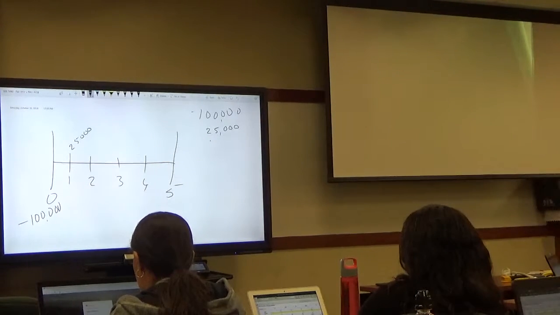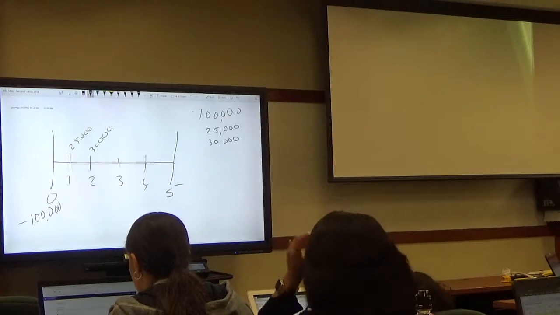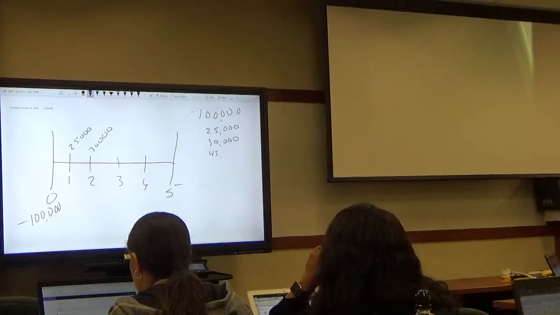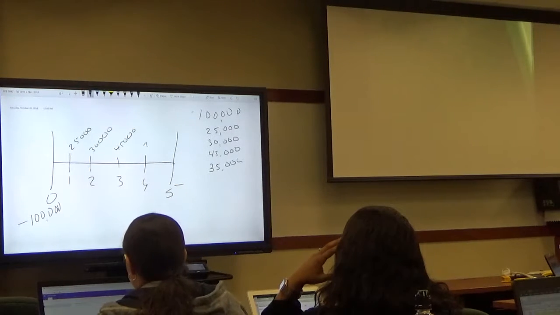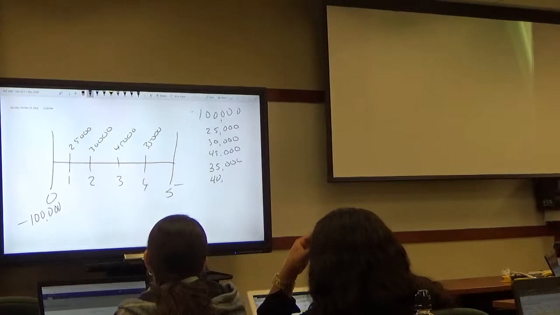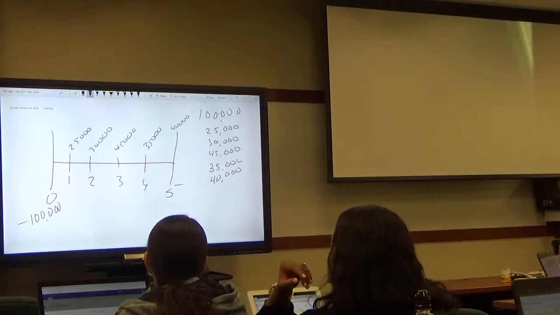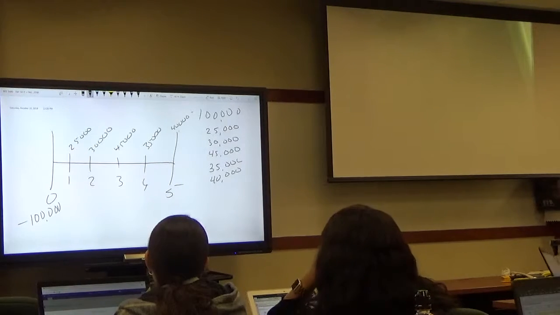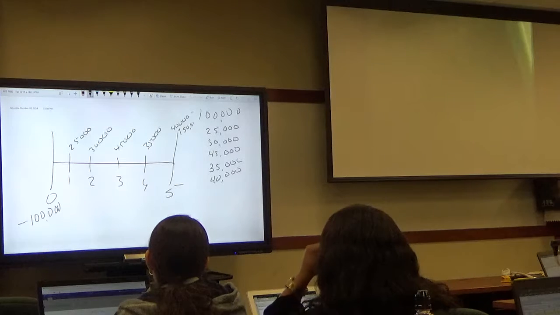We've got another, let's say $30,000 of income occurs here. $45,000 of income maybe occurring here. Maybe $35,000. And $40,000 here, and then a sale occurring here at the end of year 5, maybe of $150,000.